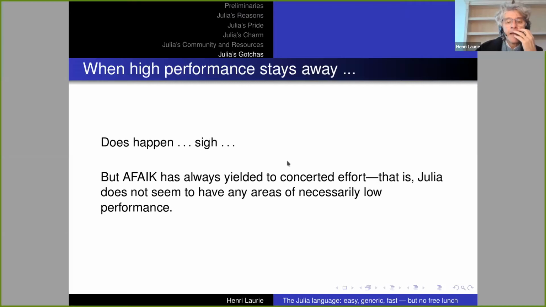Okay. As far as I know, when people have made a concerted effort to get high performance, it has always happened. There doesn't seem to be any area of necessarily poor performance for Julia, but that's not to say that it is always easy to get. You're not guaranteed that your Julia code will run fast by any means. Very often it does.